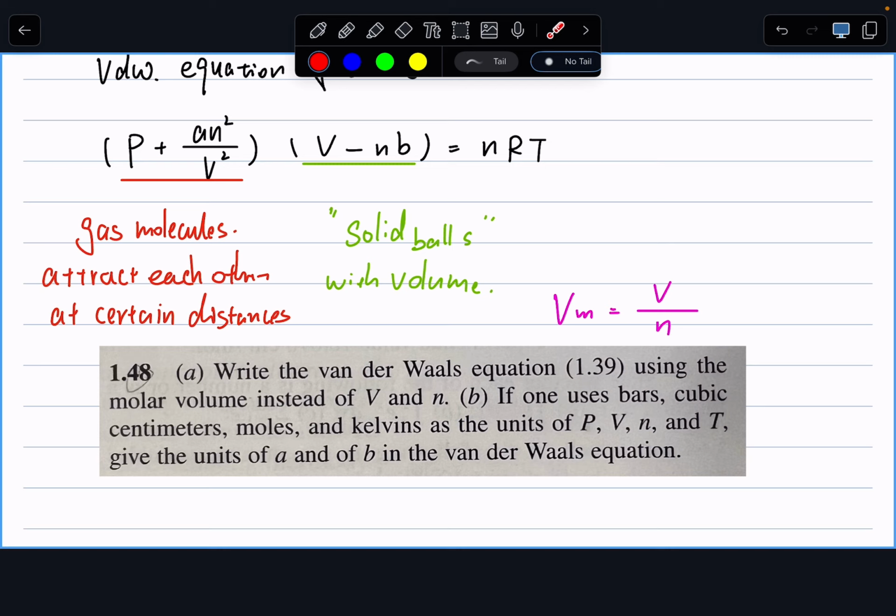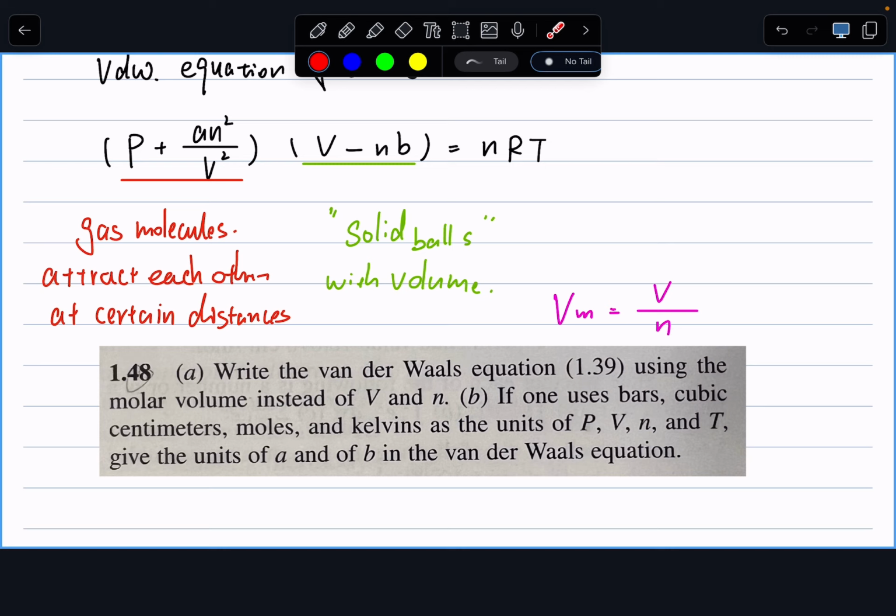They must have the same unit. The same applies on the left side. The pressure has the unit of bar, and we have a divided by Vm squared, so this one will also have the unit of bar.